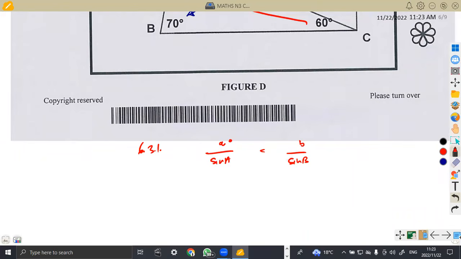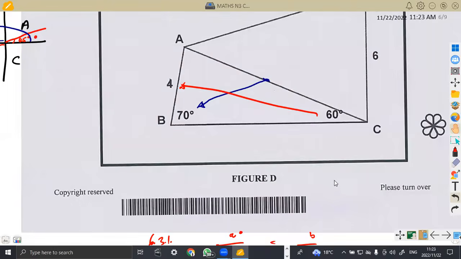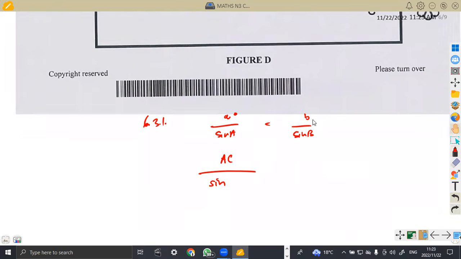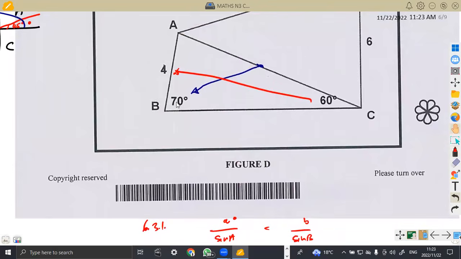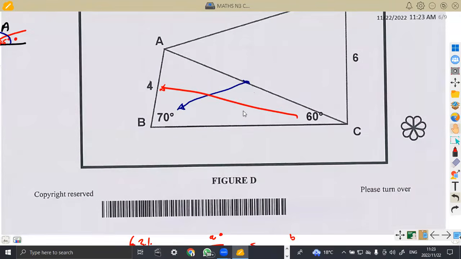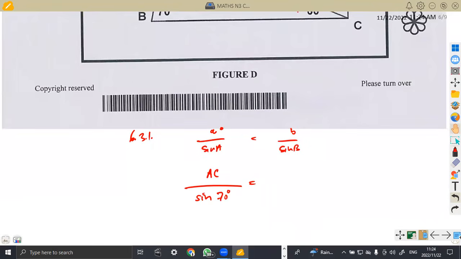So it's the one that we want to calculate, which in this case is AC. So AC over sine B, which is the opposite angle to AC. AC's opposite angle is 70 degrees. So it's sine of 70 degrees, which is equal to the other corresponding pair, 4 over sine 60.